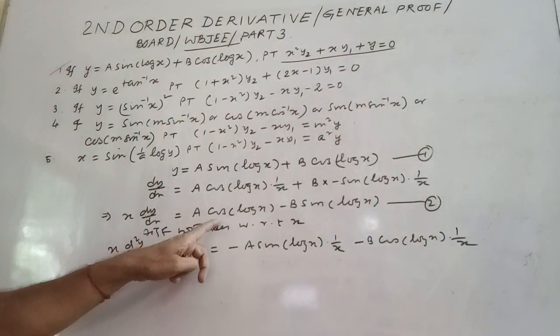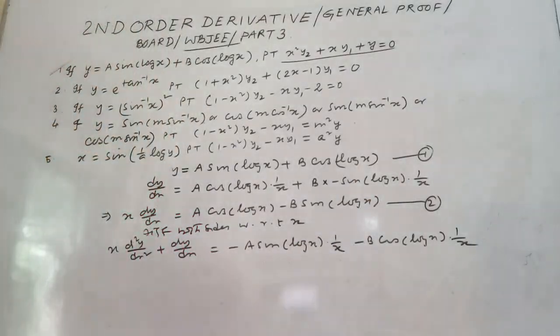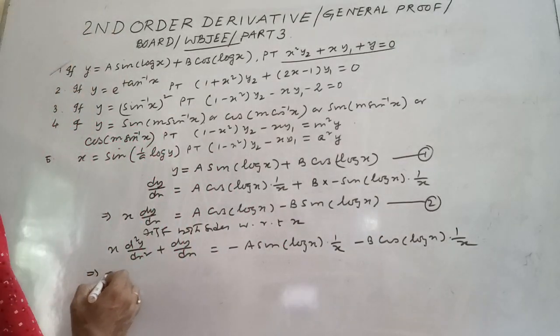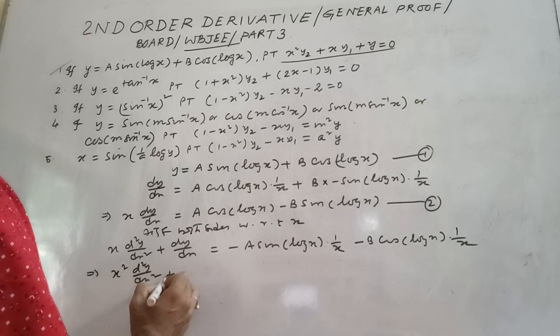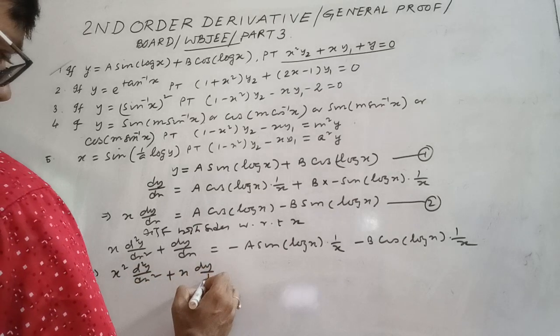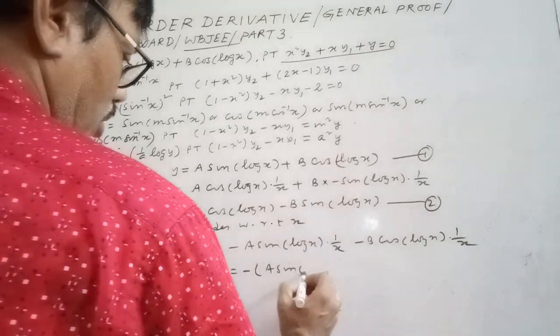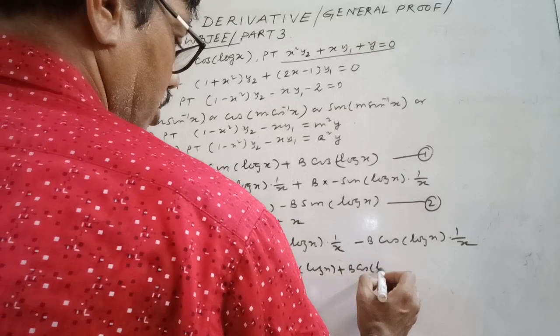That is the differentiation of a cos log x and b sin log x. Now look, x is again in the denominator, so multiply both sides by x. x square d2y by dx2 plus x dy by dx equals minus a sin log x plus b cos log x.